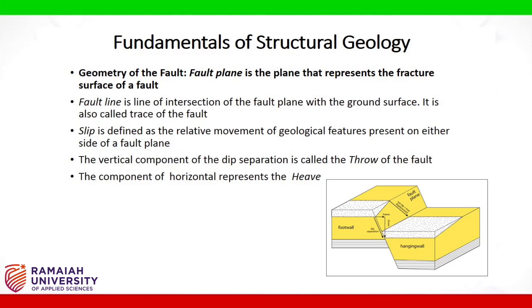It is also called trace of the fault. Slip is defined as the relative movement of geological features present on either side of a fault plane. The vertical component of the dip separation is called the throw of the fault. The horizontal component represents the heave.